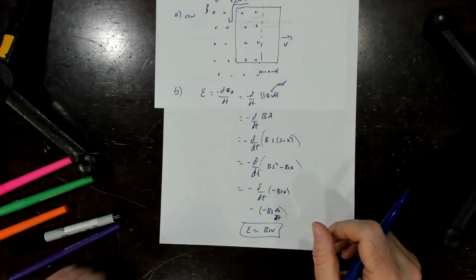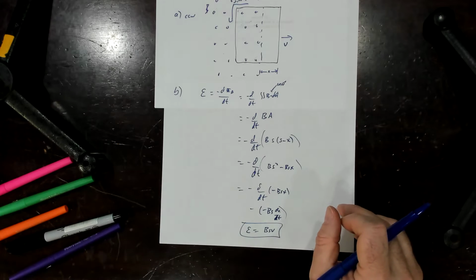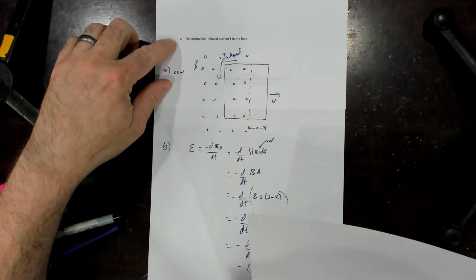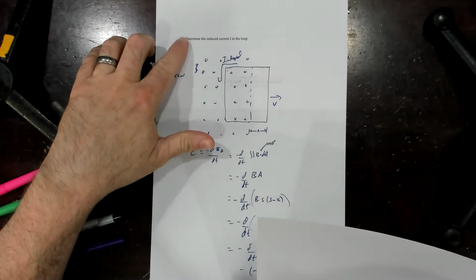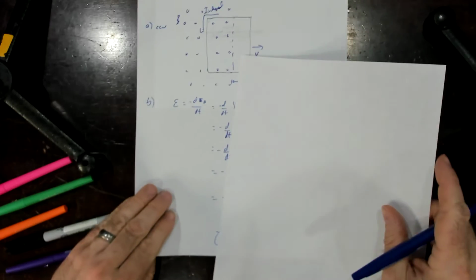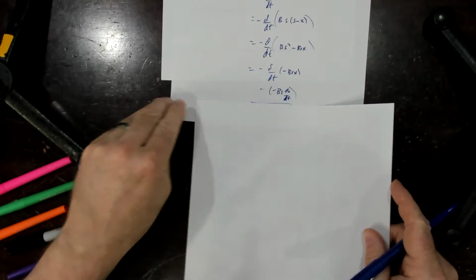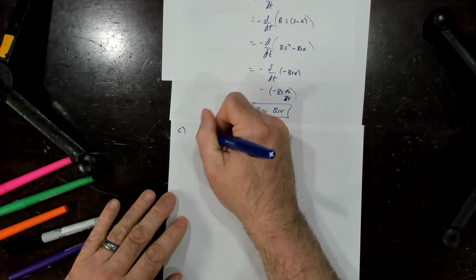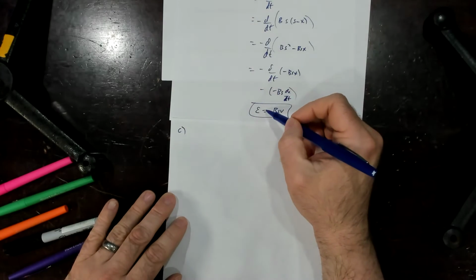Okay, next part of the free response. Part C, they want you to determine the induced current in the loop. Well, the induced EMF is what I just got here, right?